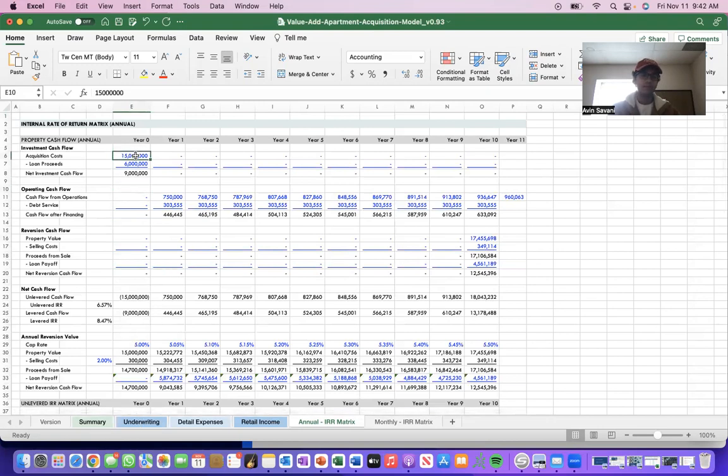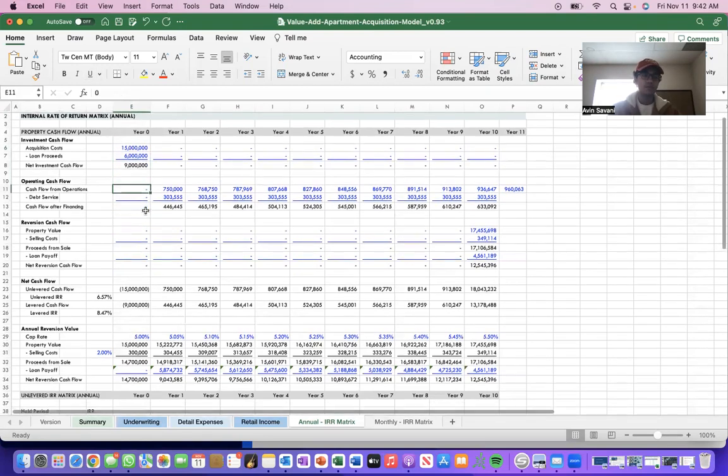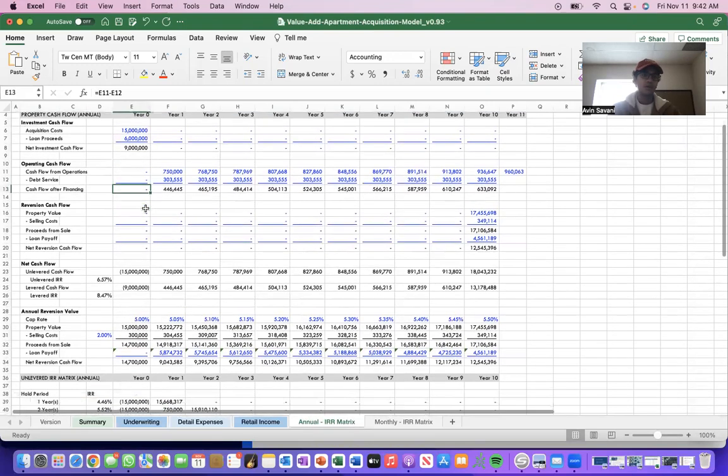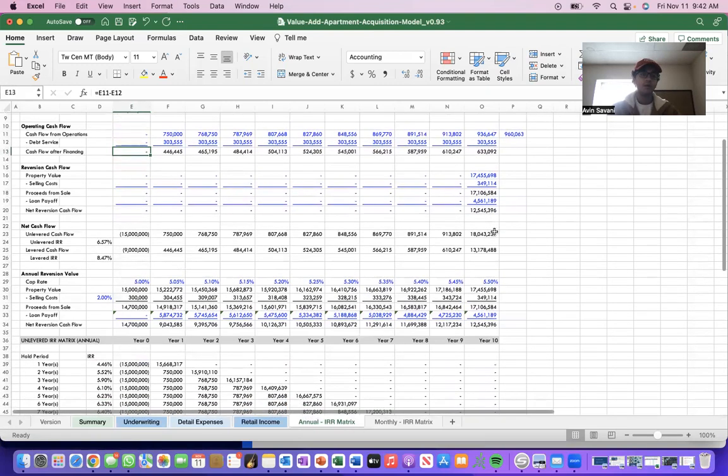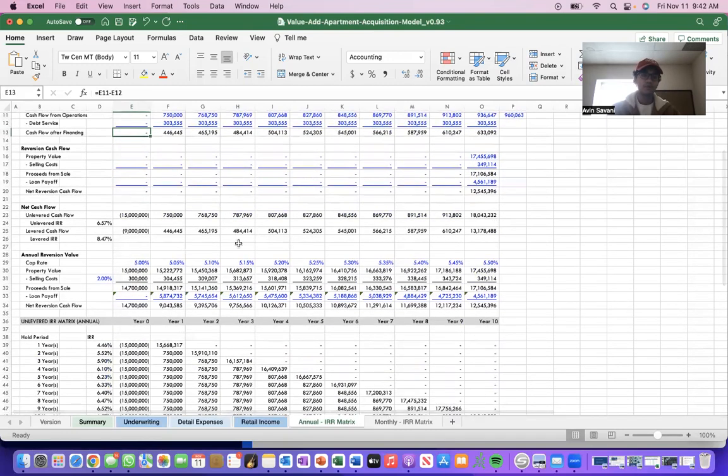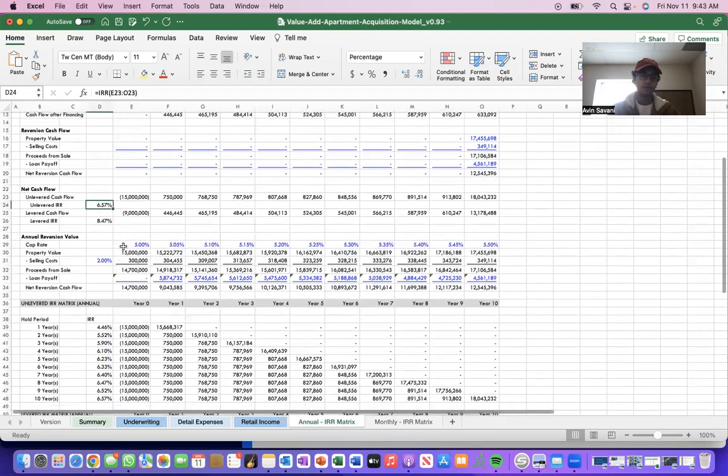But essentially, you're going to have your acquisition costs, loan proceeds, net investment cash flows, your cash flow from operations, your debt service, cash flow after financing. Lastly, your reversion cash flows, that'll be in that last year or whenever you're going to sell it. And then your net cash flow is displayed here on an unlevered and a levered basis. And you can also verify what the internal rate of return is right there.